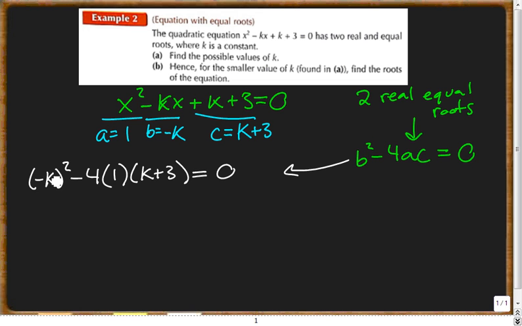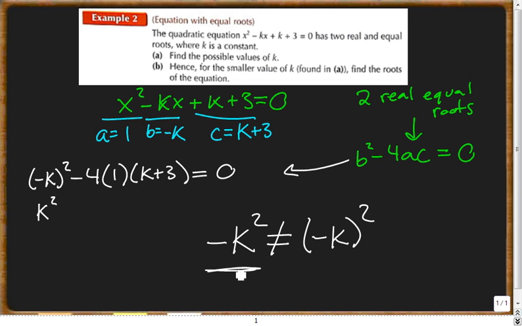So we're going to need to simplify. Negative k, all squared, is the same thing as k squared. Now, keep this in mind: negative k squared, written without brackets, is not the same. That is the opposite of k squared, while this here, negative k in brackets squared, is that whole quantity squared.